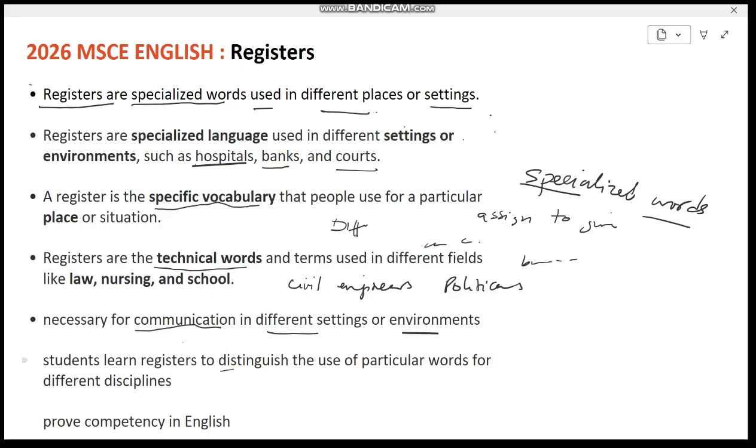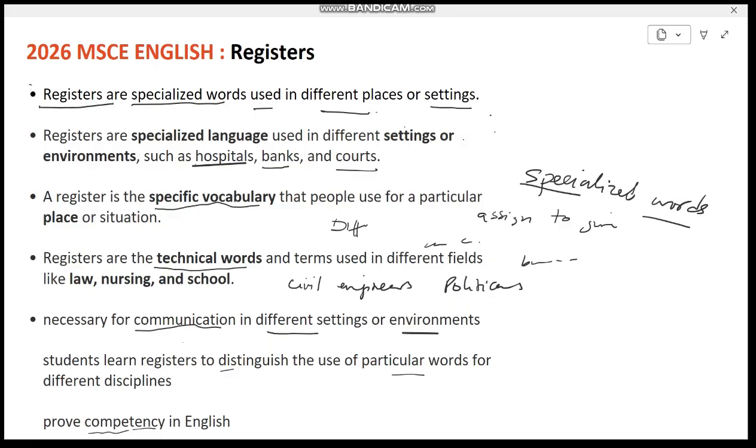And we as students, we learn registers so that we can differentiate or distinguish the use of particular words for different disciplines. It also shows that we are competent in English.